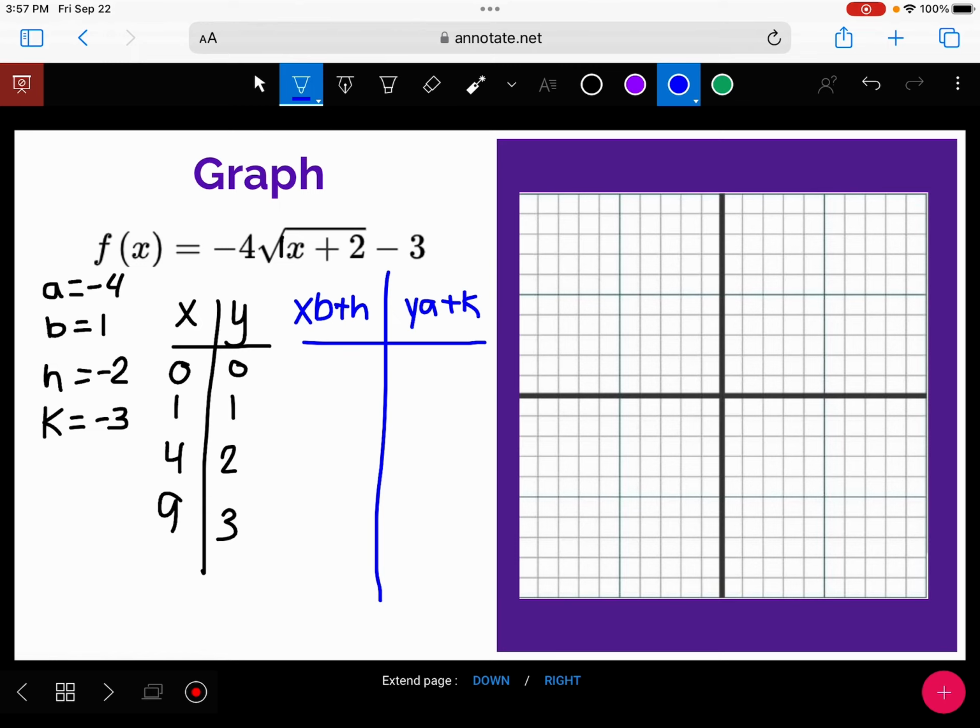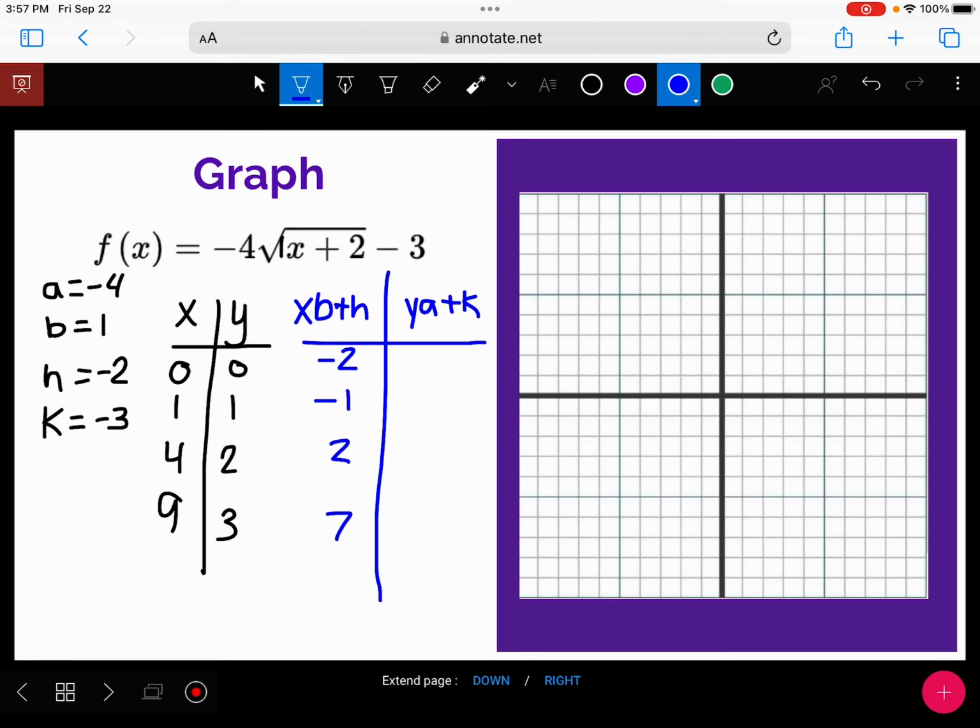So we take our x's times 1 and then -2. So we get -2, -1, 2, and 7. And we're going to take our y values times a, times that -4, plus -3.